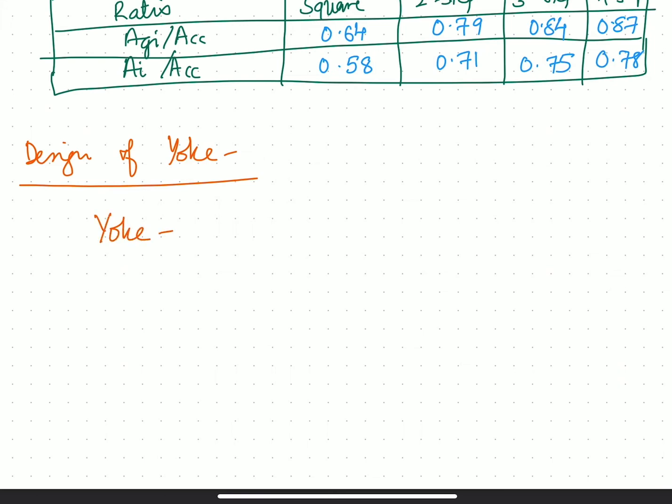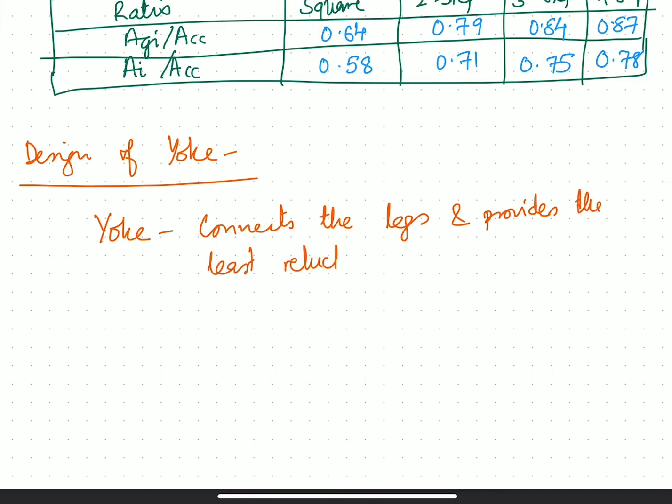The yoke is the portion that connects the legs and provides the least reluctance path. We have talked about this before. The yoke does not have windings.